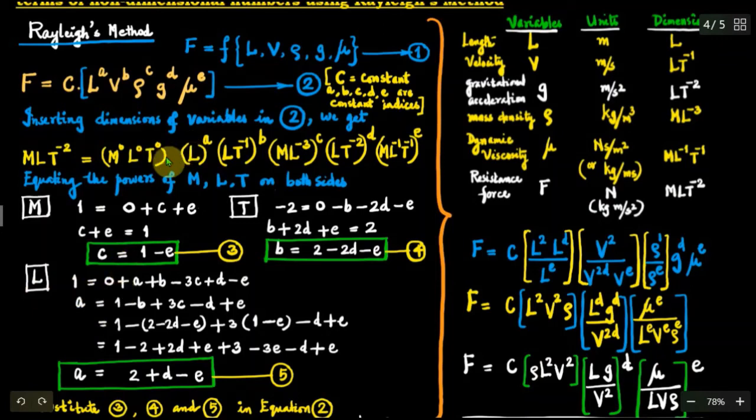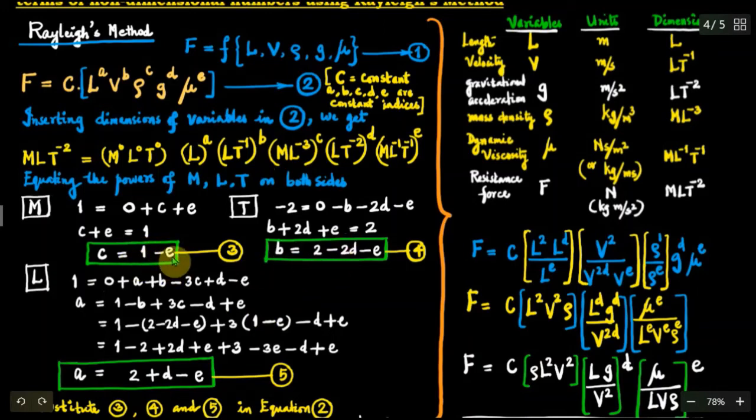Here you will get, equating the powers of L, 0 plus a plus b, then minus 3c plus d and then minus e. So this is the expression you will get. So a is equal to 1 minus b plus 3c minus d plus e. Now replace b and c by these expressions.